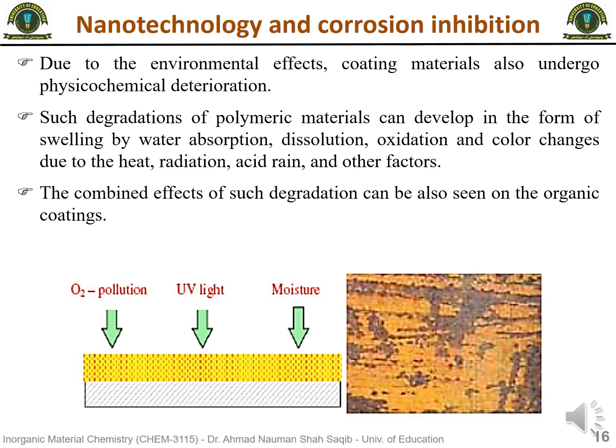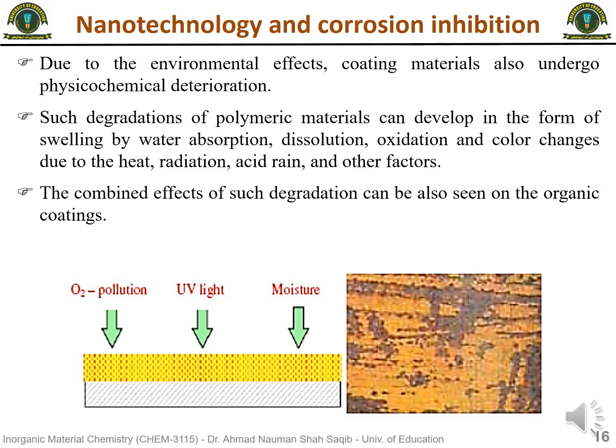Similarly, if there is a high strength UV light, that can actually change its color or damage its surface. Similarly, if the material is used in a place where the temperature is very high, that heat can also damage the surface. Similarly, if we are using some coatings outdoors and there is some acid rain in those areas, that acid rain also can damage the surface.